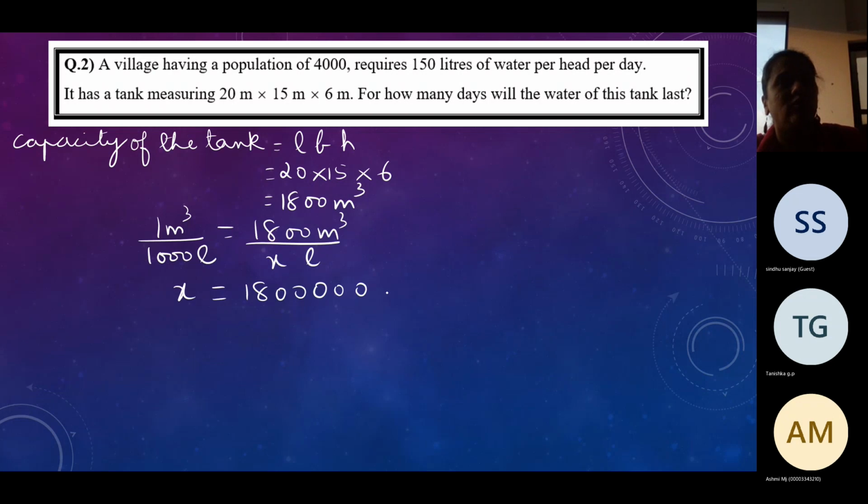And what is the unit? Liter or meter cube? Meter cube.